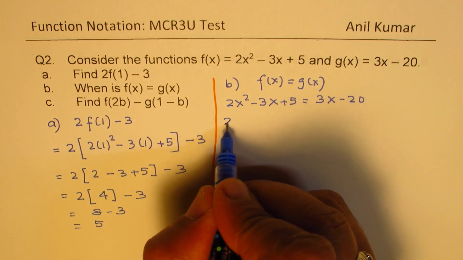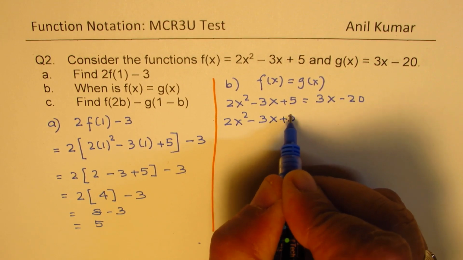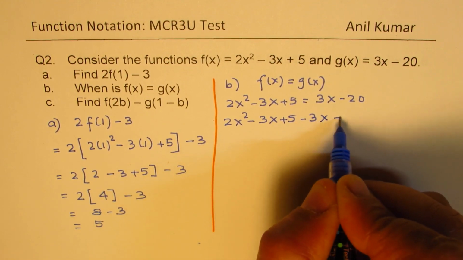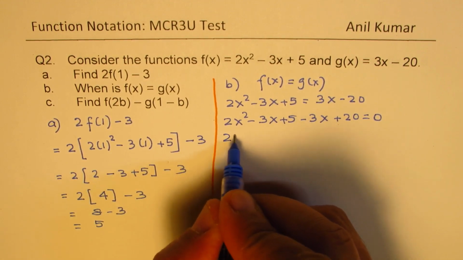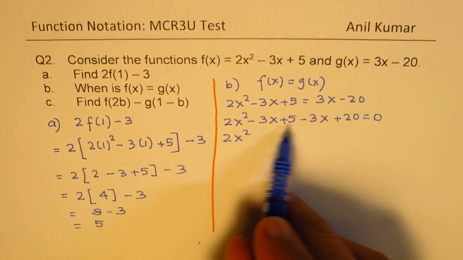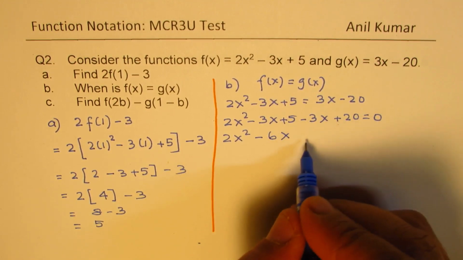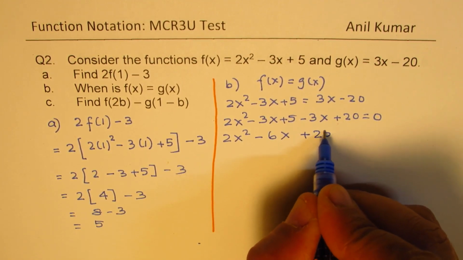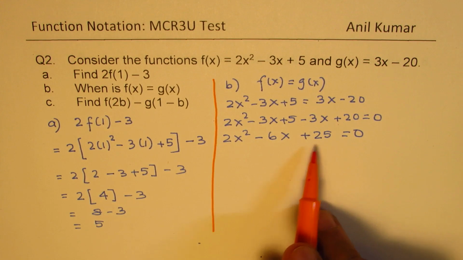Bringing them together, we get 2x squared minus 3x plus 5 minus 3x plus 20 equals to 0. Now that gives you 2x squared minus 6x plus 25 equals to 0.